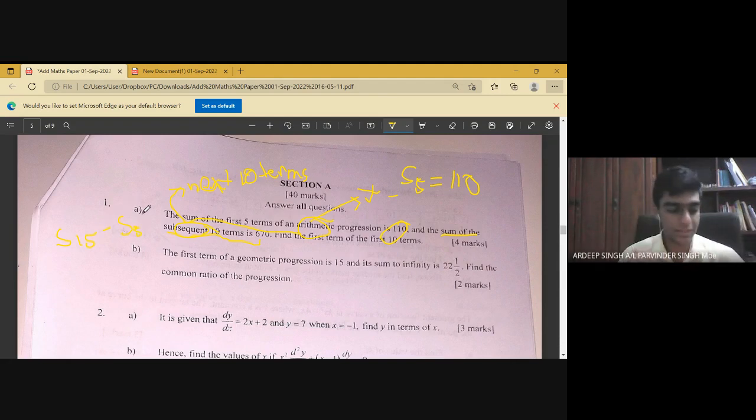So you count 6, 7, 8, 9, 10, 11, 12, 13, 14, 15. So 10 terms you have, right? You just count on your hand. So you have 670.